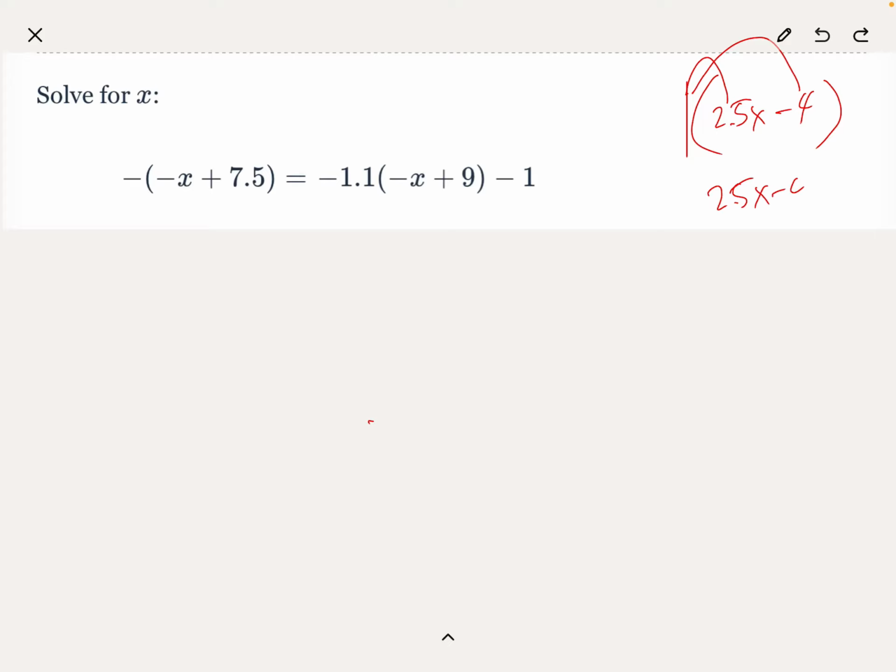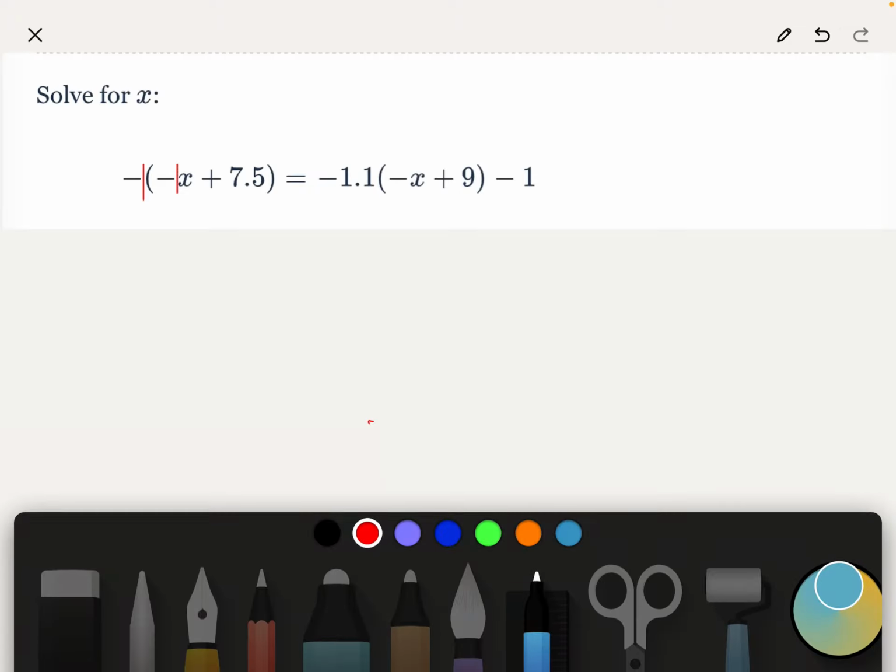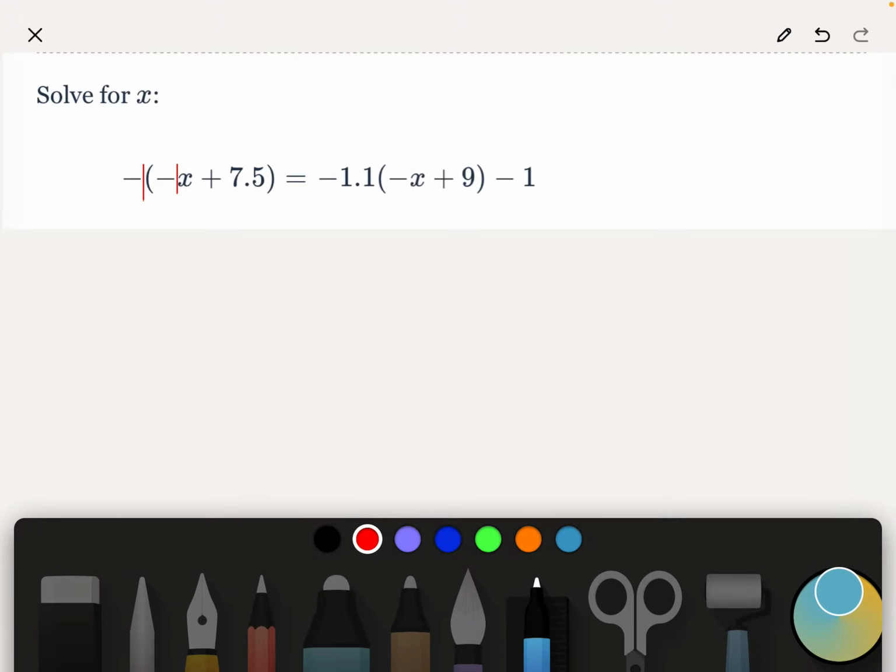The reason I'm giving this example is that in this particular problem, it has a negative times the parentheses, but what you should see is that this is actually a negative 1 there, okay? And just like this, inside the parentheses is also a negative 1x. So now that I've got that understanding, I can go ahead and start this.